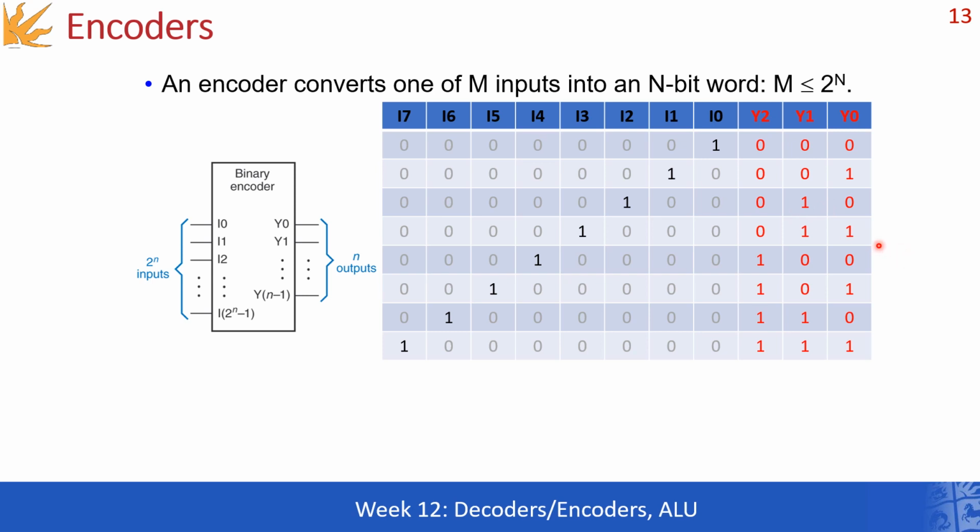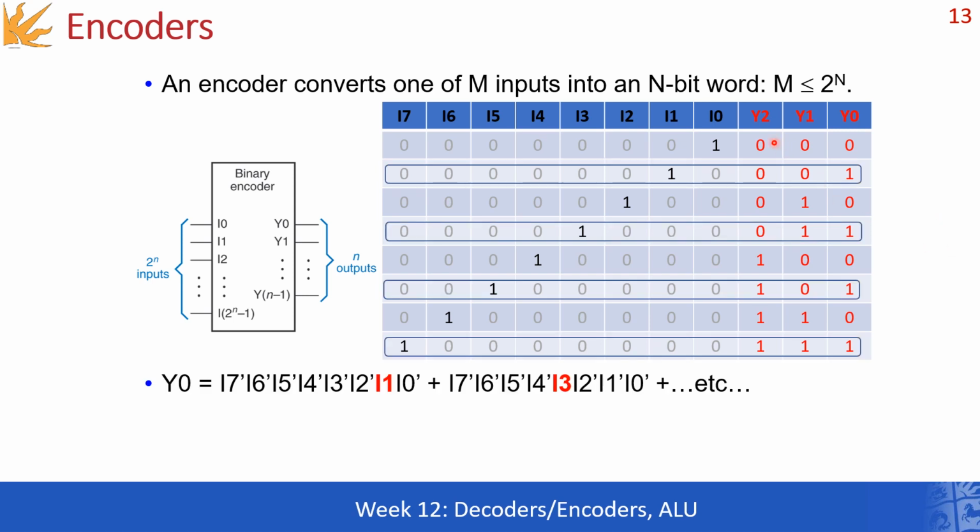Another thing, as you can imagine, since it's doing the exact opposite operation than a decoder, the number m of inputs has to comply with what you see over here. M must be at most 2 to the power of n, where n is the n-bit word that is outputted.